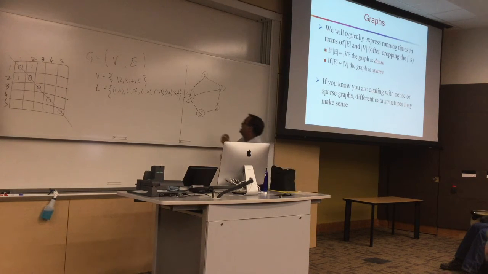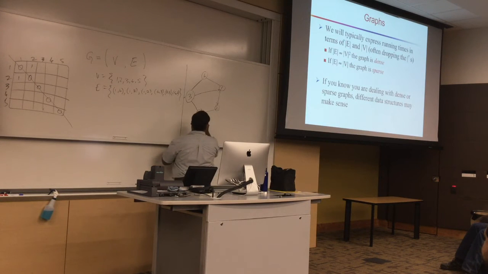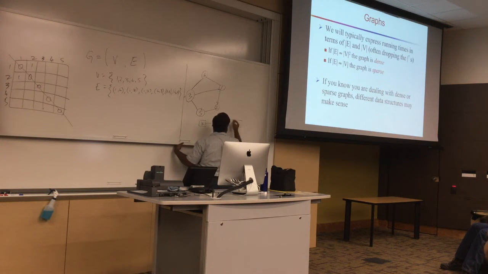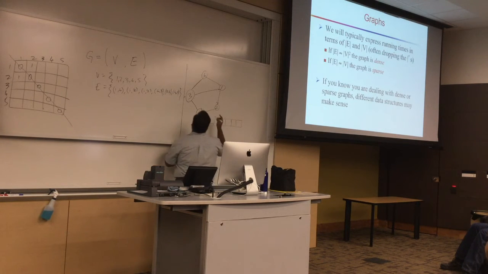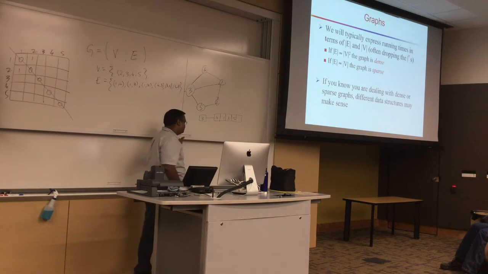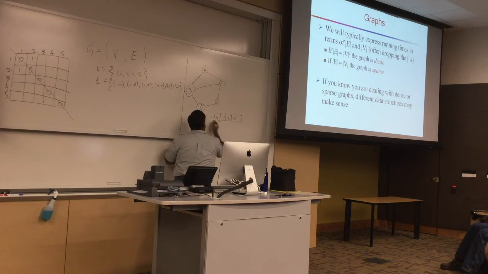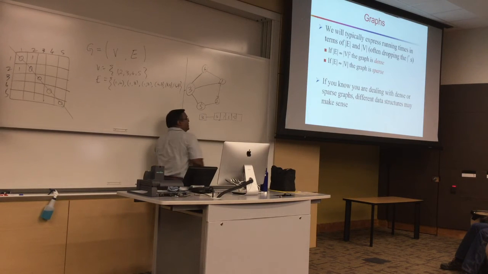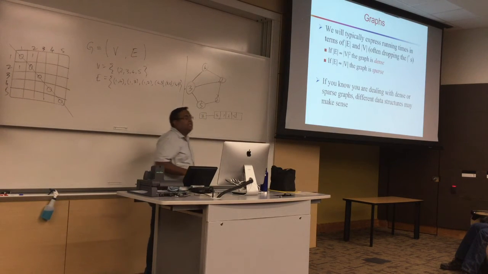You have 3 as the key, and the value is a list of all the nodes that it has. Yeah, sure. If that's what you're thinking, then 4, 1, 2, 5, and so on. Now, this is what we call an adjacency list.